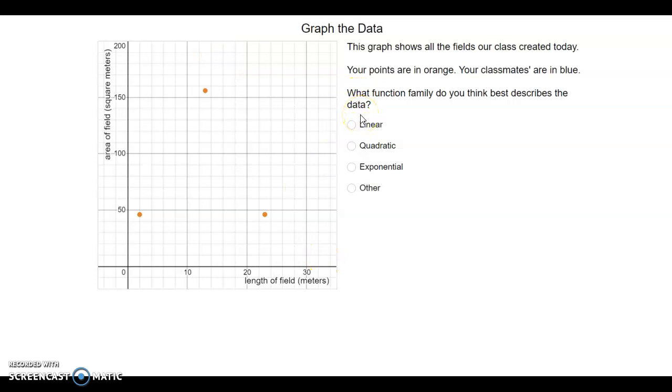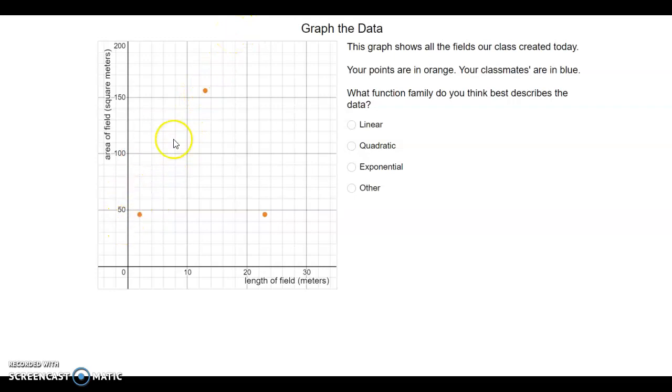So just with my points, I can't make a linear line because all of my points aren't in a straight line, or at least a straighter line. Exponential, it could be, but here's the thing, if I had more points, I could see that it wouldn't be exponential, just because it's not increasing different amounts each time.